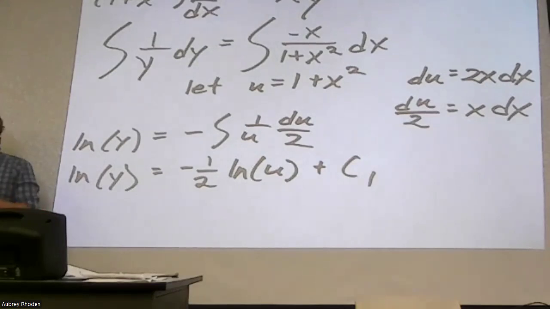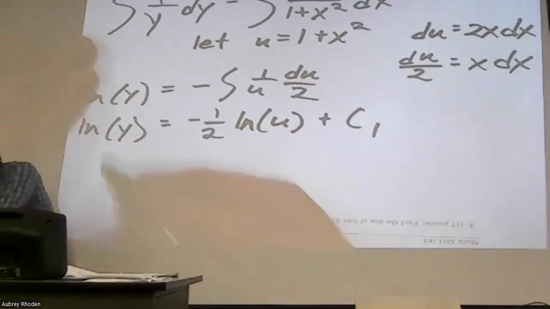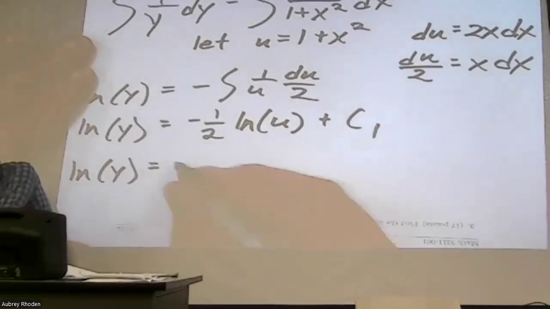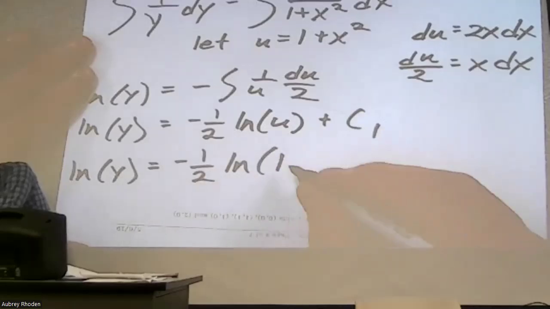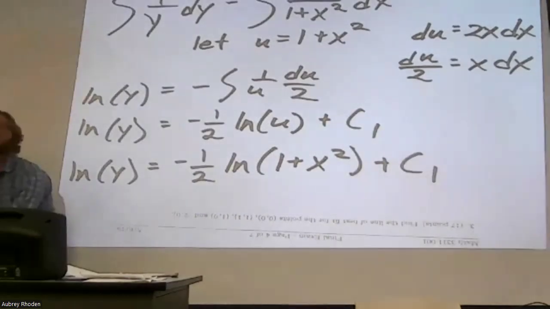So the natural log of y equals negative 1 divided by 2 times the natural log of 1 plus x squared, plus c.